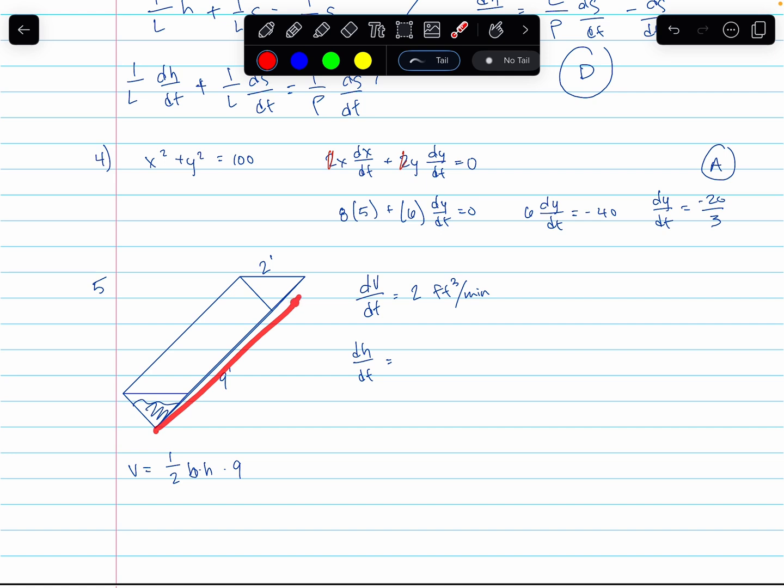Remember that the 9 is constant. The base of this triangle is not going to be constant. As the water increases, this base is not always going to be 2. It's always changing as the levels increase, and the height is also increasing.